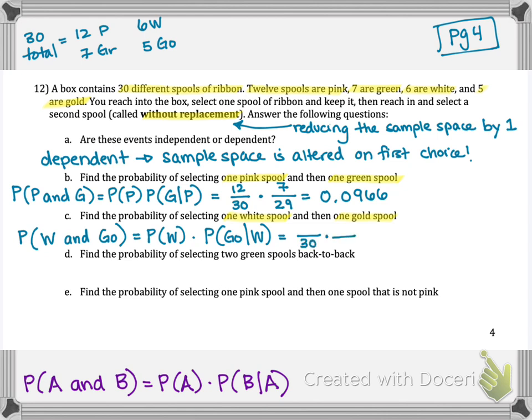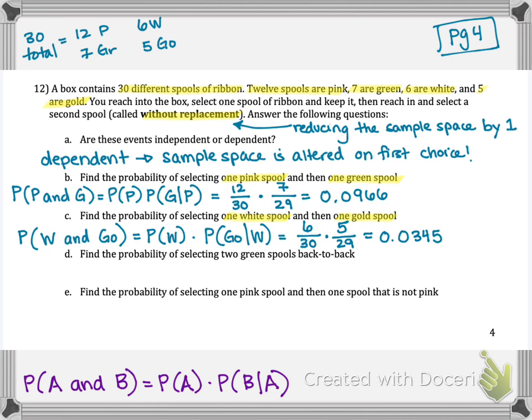That's 30 and 29. Let's also take a look at our numerators. First, we have white. That's 6 spools. And then we think about whether or not the white impacted the number of golds. And it does not. So we still have 5 gold spools. When we do this multiplication and round to 4 decimal places, I got 0.0345.